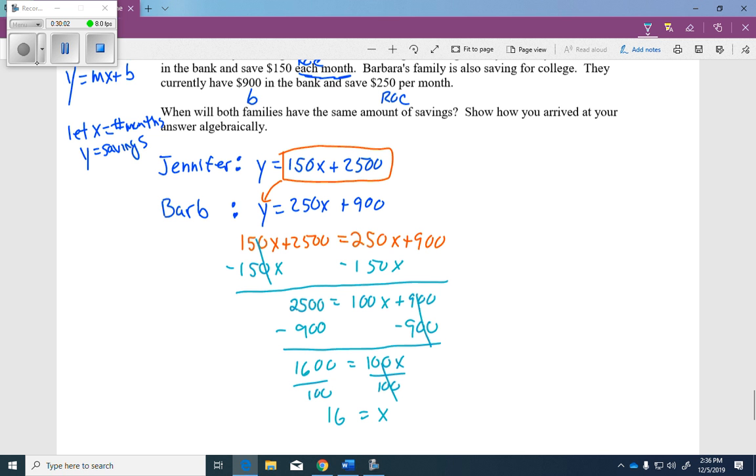So I get 16 for x. X is the number of months. They ask, when will both families have the same amount of savings? In 16 months.